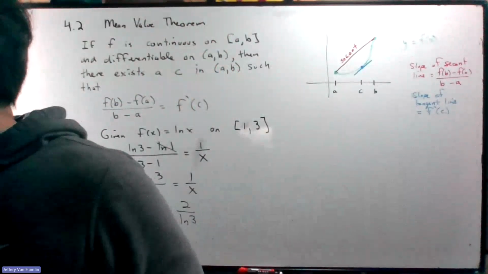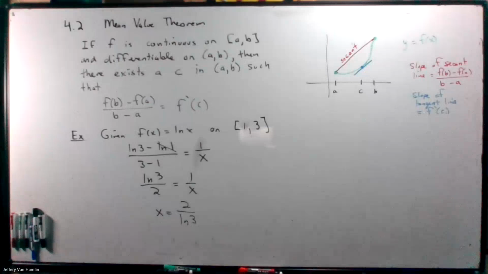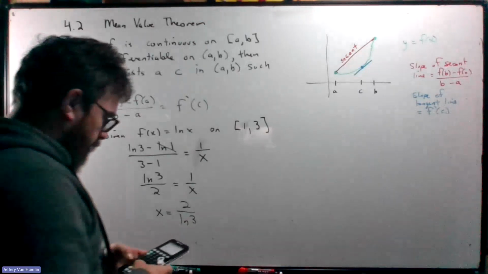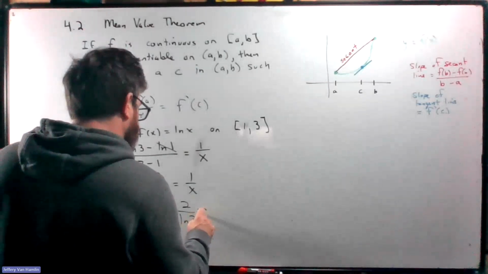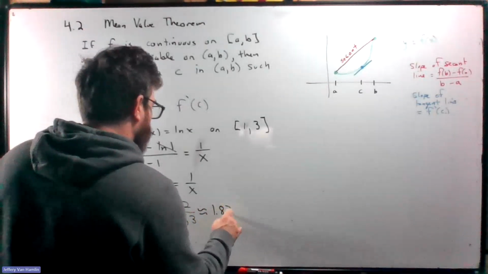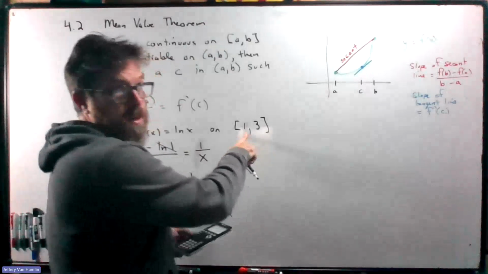If I calculate that, 2 divided by natural log of 3, I get about 1.82. Really, I'm just verifying that it lives in the interval from 1 to 3.